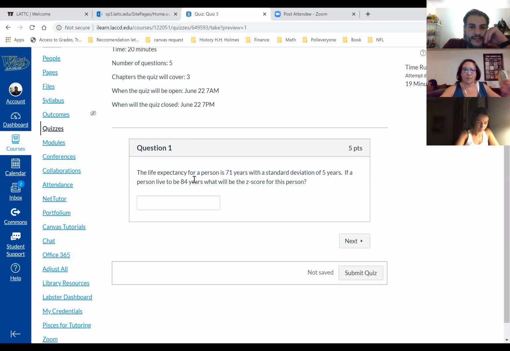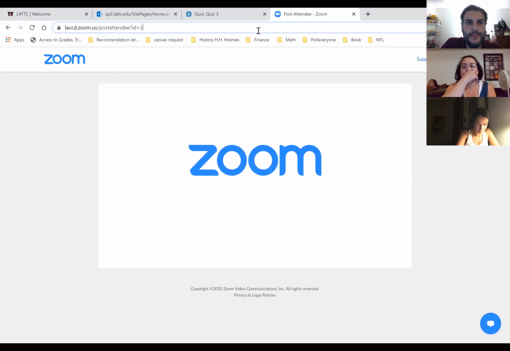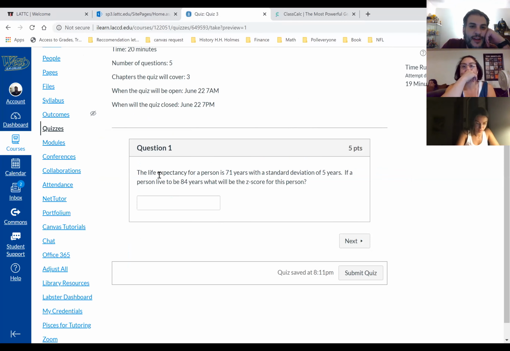All right, so this is the first question. It says the life expectancy for a person is 71 years with a standard deviation of 5 years.